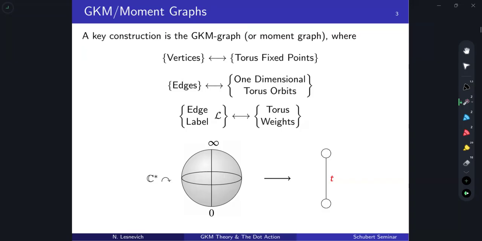I have two T-fixed points: zero, where nothing is going to happen with multiplication, and the point at infinity, same thing. And we have one complex dimension connecting the two. That translates into a graph with a vertex for zero, a vertex for infinity, an edge between them, and in this case a torus weight label of just t.